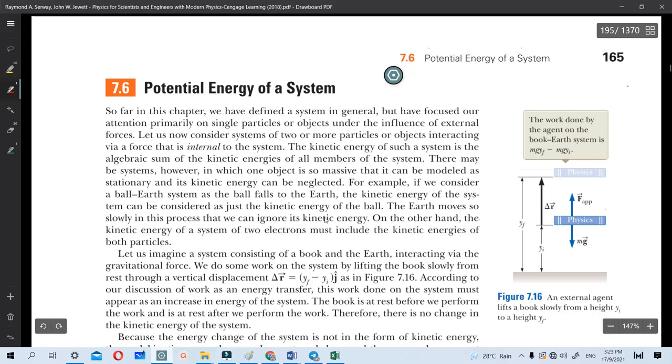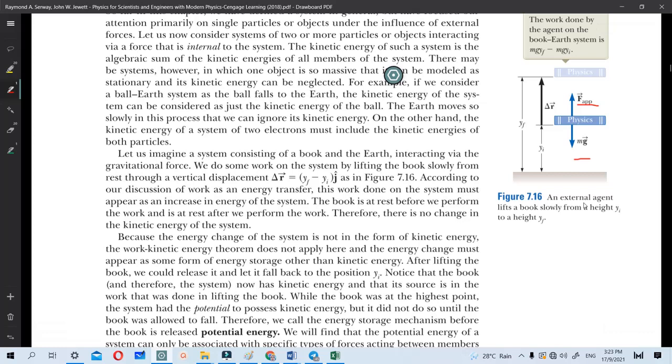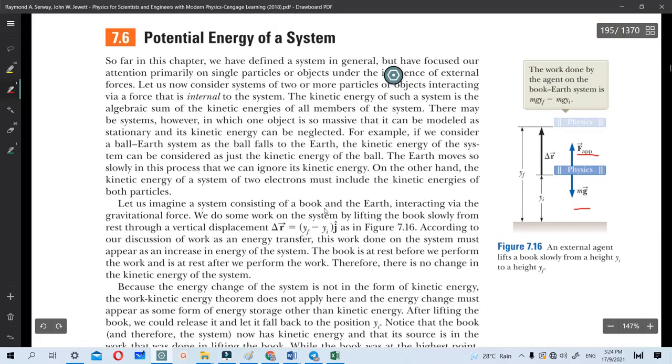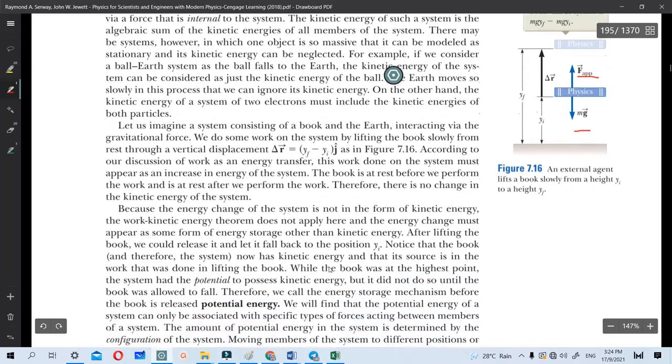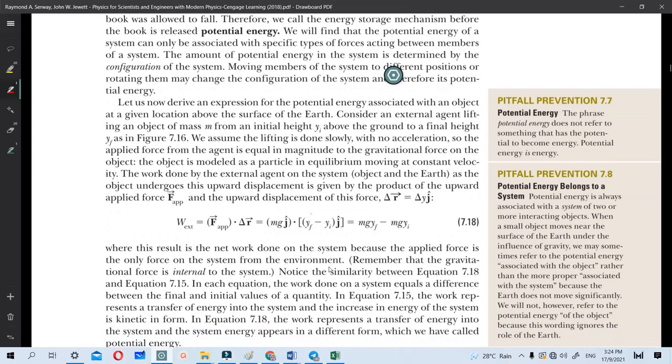So in that sense, we will find that the force applied here is equivalent in value to the weight. So we might be tempted to put delta R as Y final minus Y initial. However, why did I start with a different textbook just now? Because the discussion here appeared to be using work external.